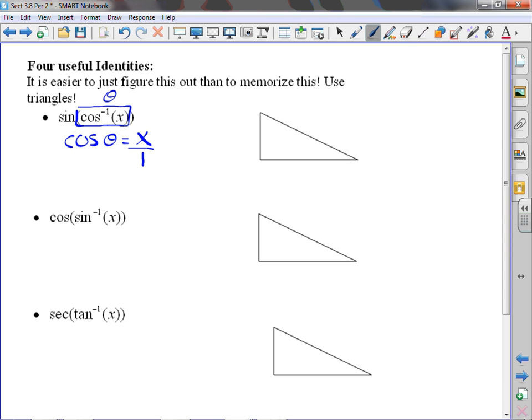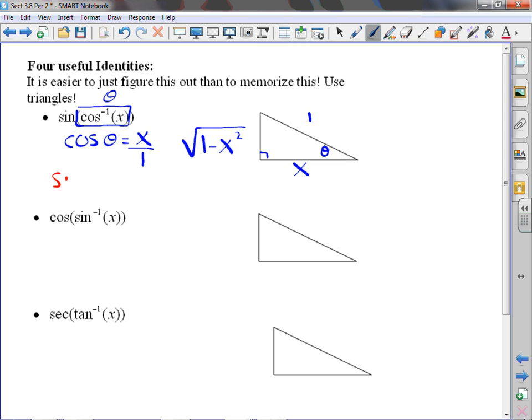So let's go to my triangle and put that in. Here's my theta. So where's the x go? Adjacent leg, and this is the hypotenuse. Can I find the other leg? Pythagorean theorem, right? 1 minus x squared. Now, can I find the sine of my angle?